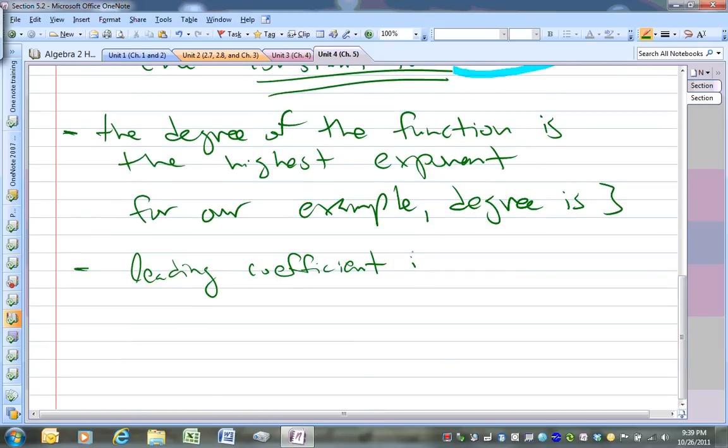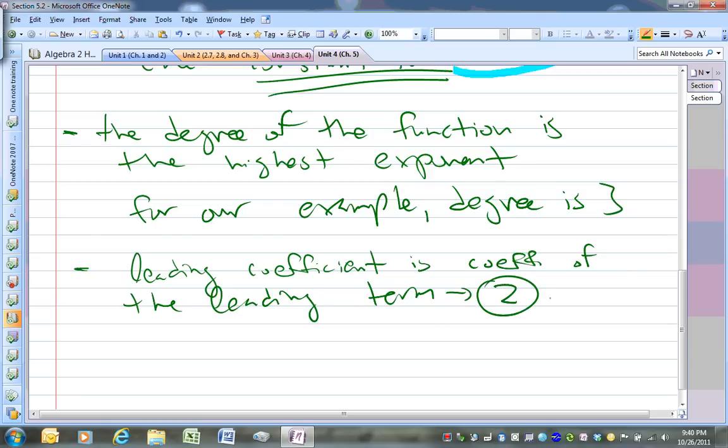Leading coefficient, I think it's pretty obvious, is the coefficient of the leading term, which for our example is going to be 3. Sorry, 2. For our example.